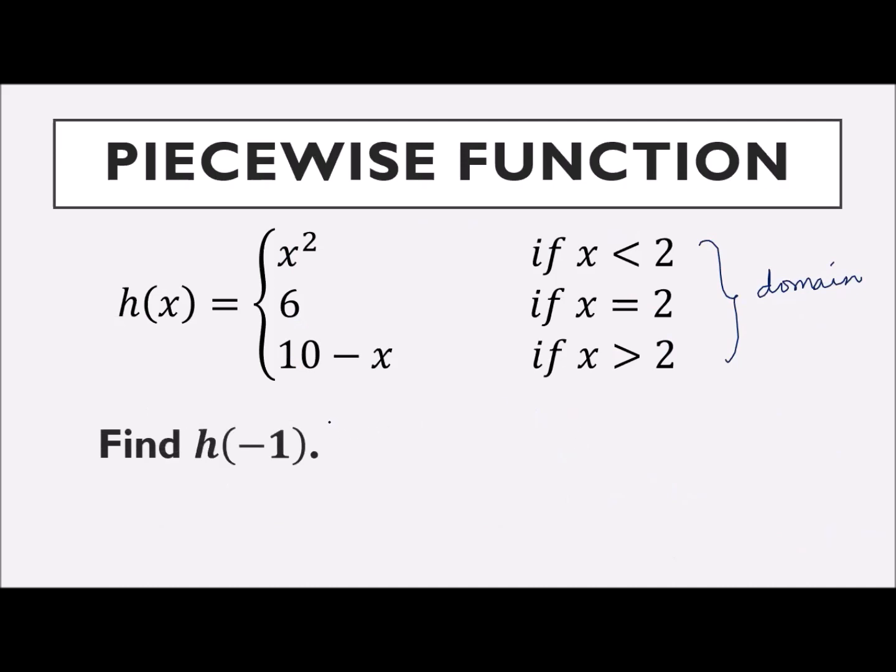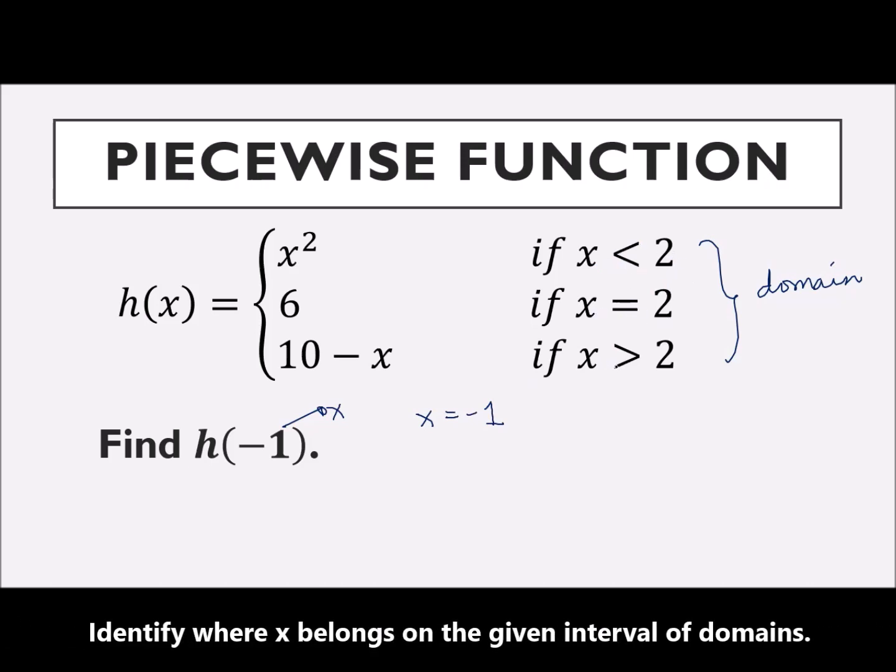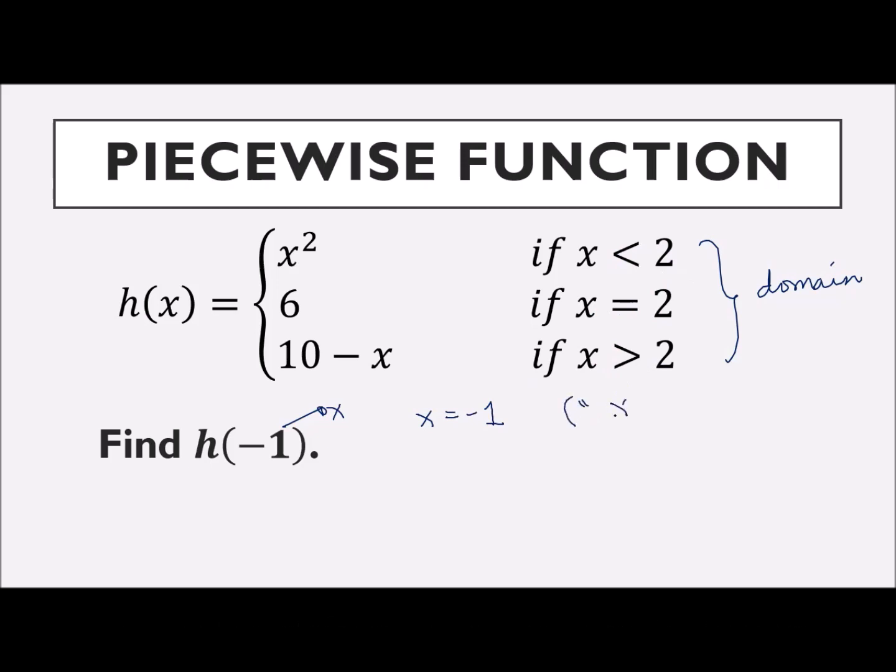So, it only means the value of x here is negative 1. So, x is equal to negative 1. Alin siya dito sa tatlong domain? Siya ba ay x less than 2, x is equal to 2, o x greater than 2? Very good. Pasok siya dito sa x is less than 2.